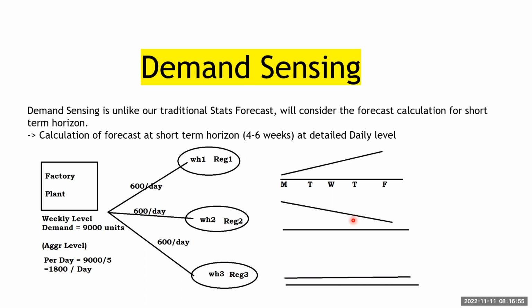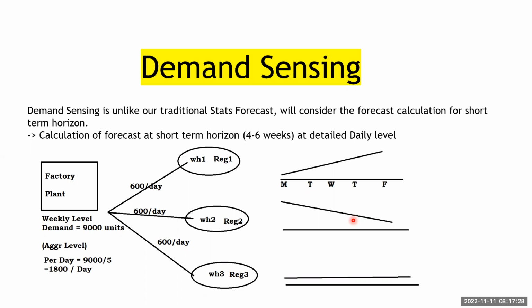Mostly in FMCG industries, or very specific industries, they use demand sensing. I've also seen one of the milk industries, which delivers milk products, implement demand sensing to have a better understanding at the day level of the forecast that is calculated based on the demand.